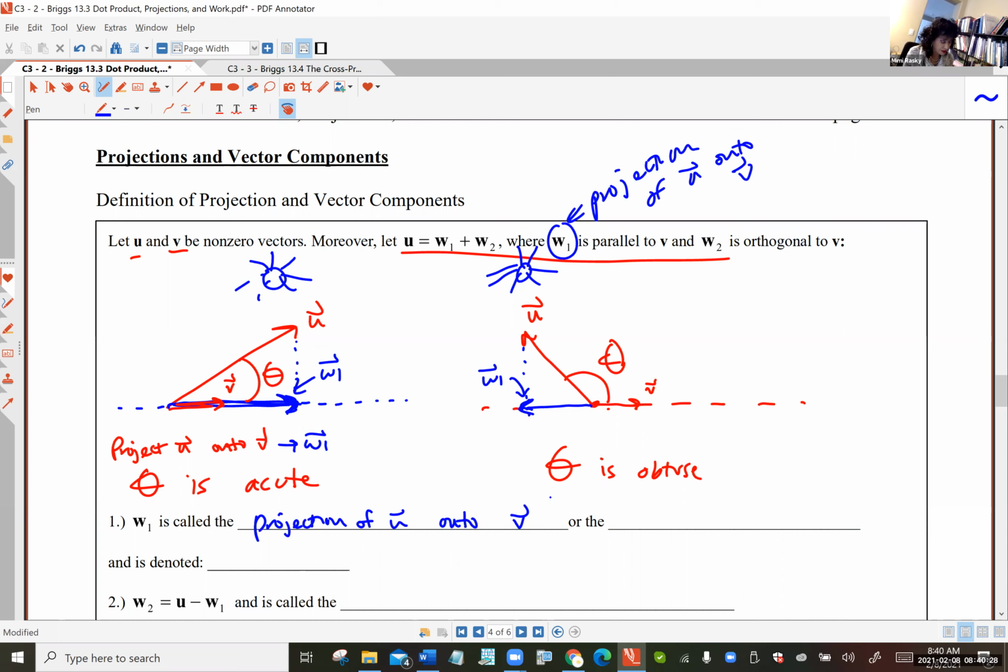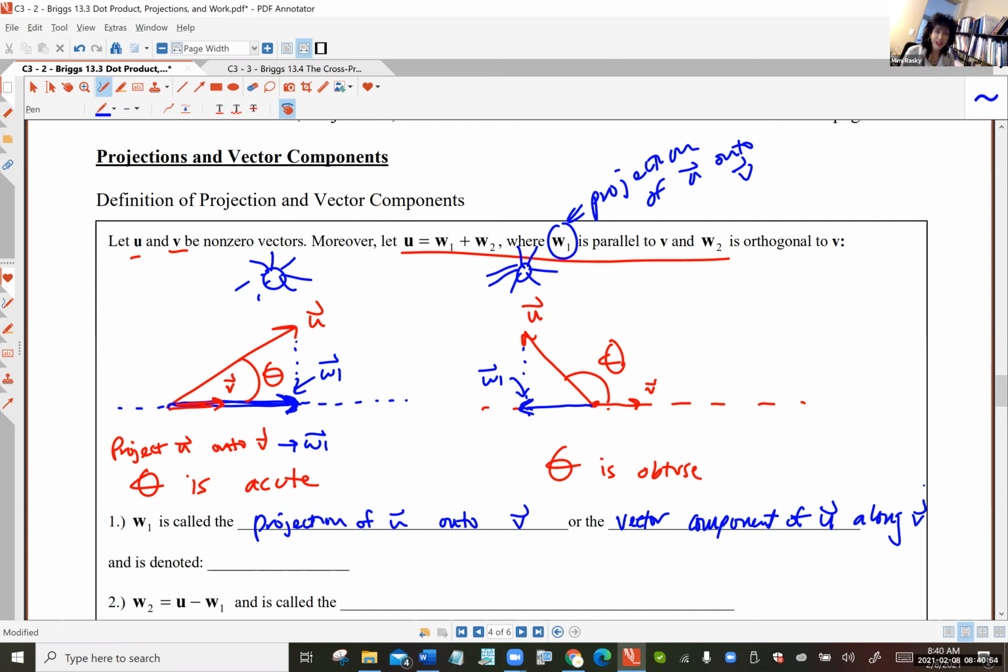And sometimes it's referred to as another phrase, and I need you to be comfortable with any of these phrases and vocabularies. A lot of times they'll call that projected vector the vector component of u along v. So either way they refer to it, they just mean the projected vector of u onto v.